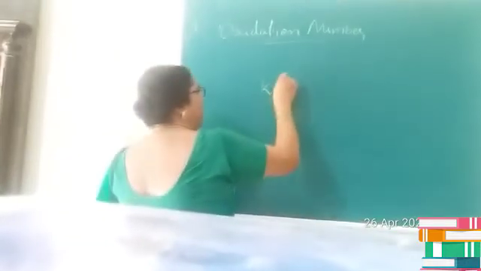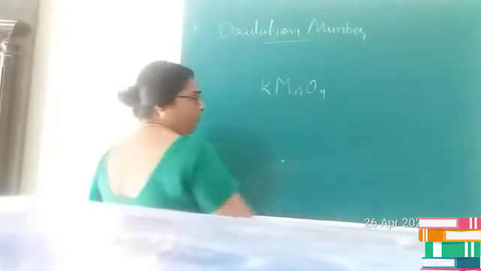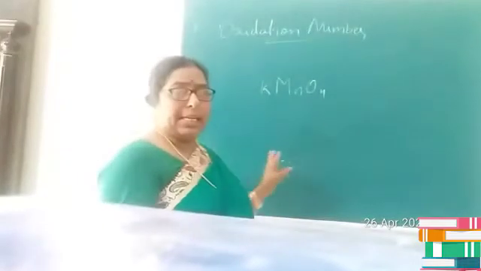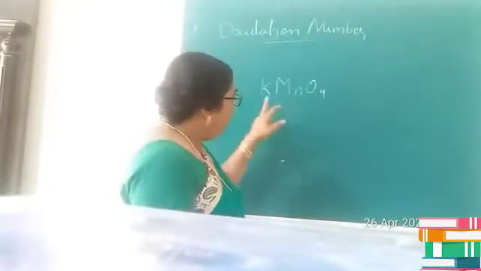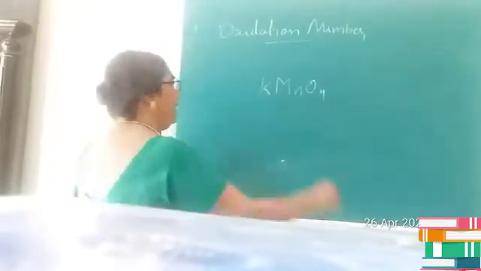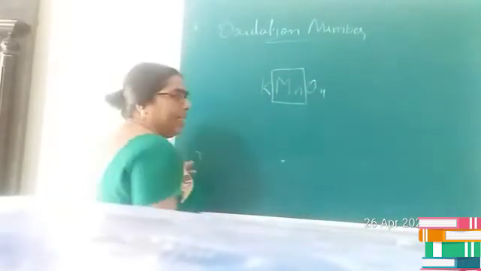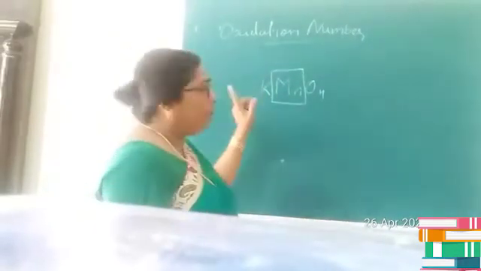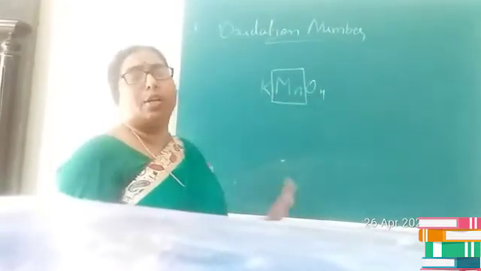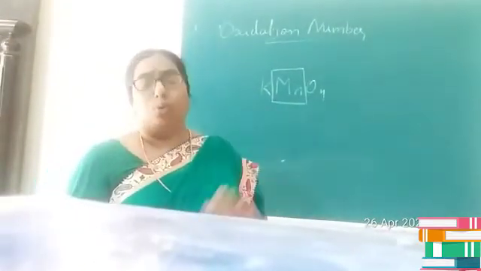First you consider the compound KMnO4. Does it carry any charge? No. Now from this, if you want to find out the oxidation number of Mn, the oxidation state of Mn, remove the other atoms from this molecule in the form of ions.